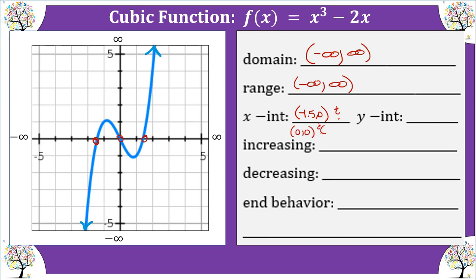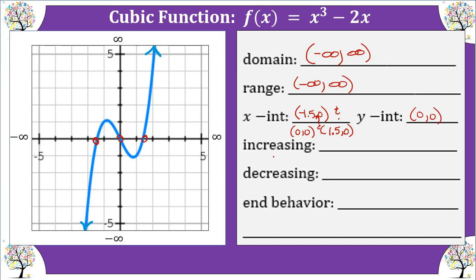And this one looks like it is 1.5, and it's okay just to approximate for right now when we're given a graph. So this has 3 x-intercepts, and then our y-intercept is the origin.